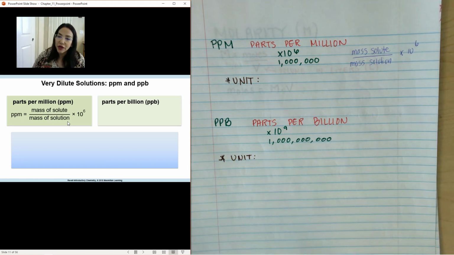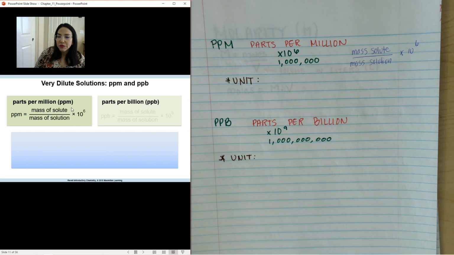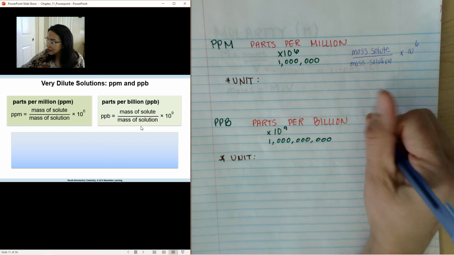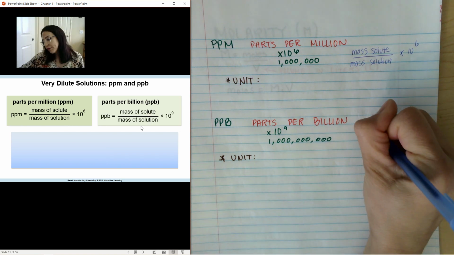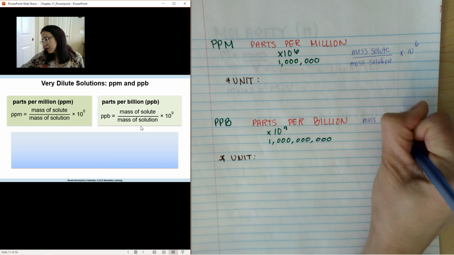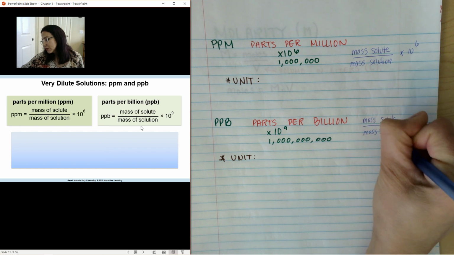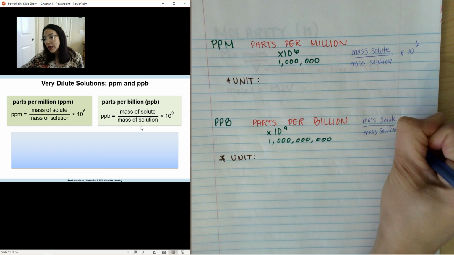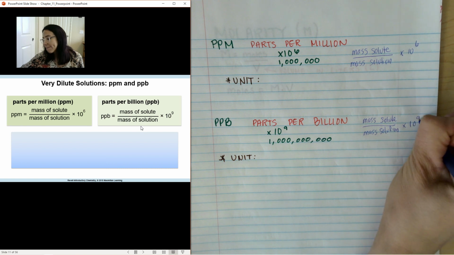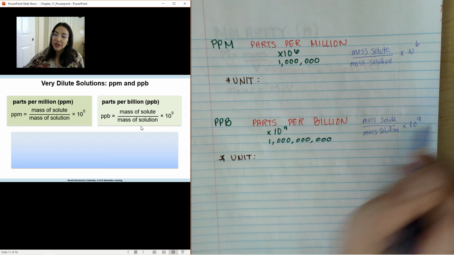So instead of times 100, you're multiplying it by a million this time. Your parts per billion is exactly the same as well. You have your mass of solute divided by your mass of solution times 1 billion. So that's 10 to the 9.